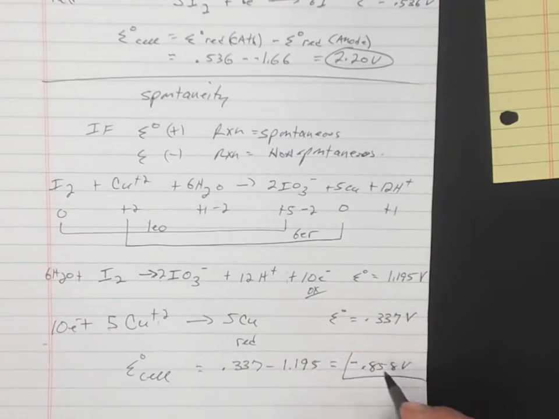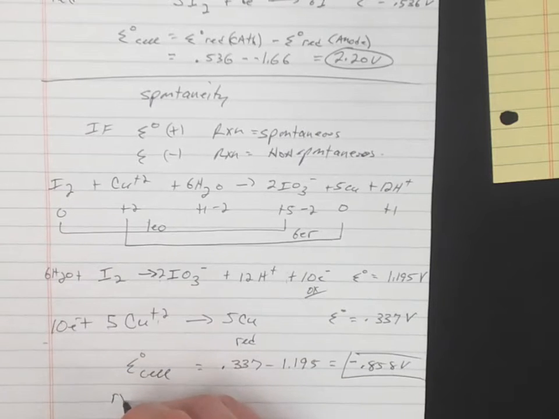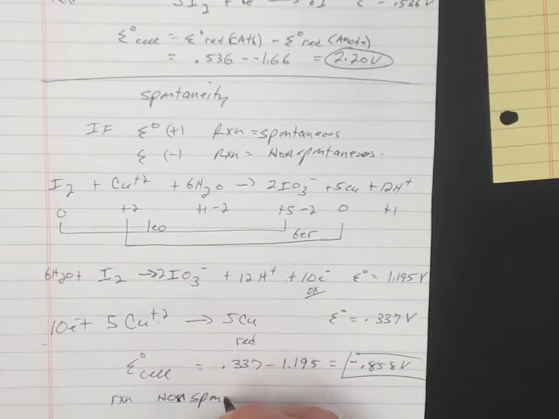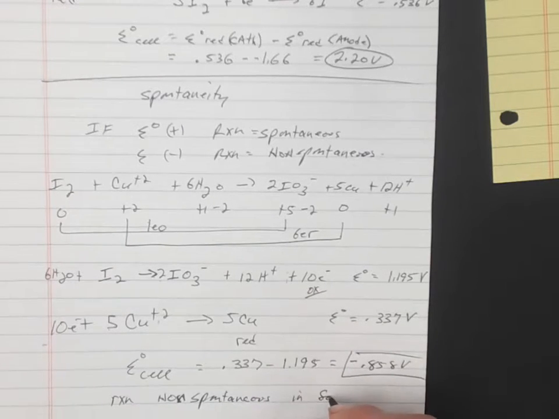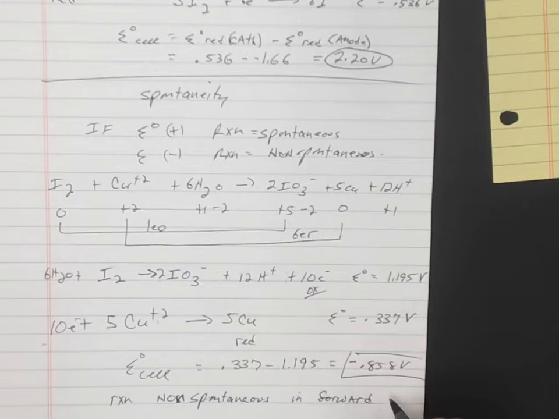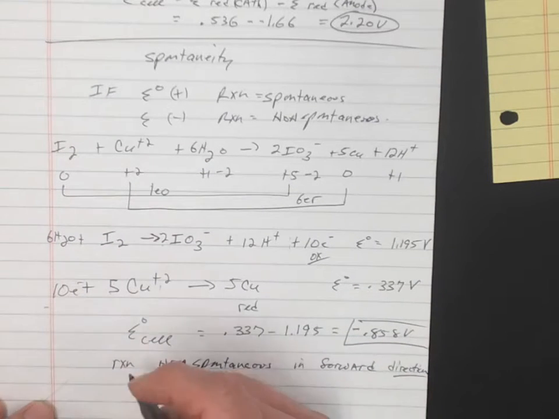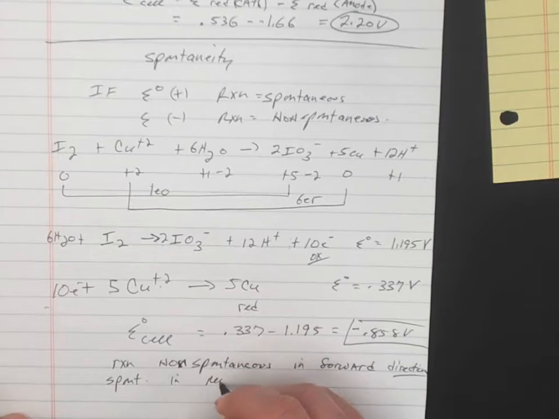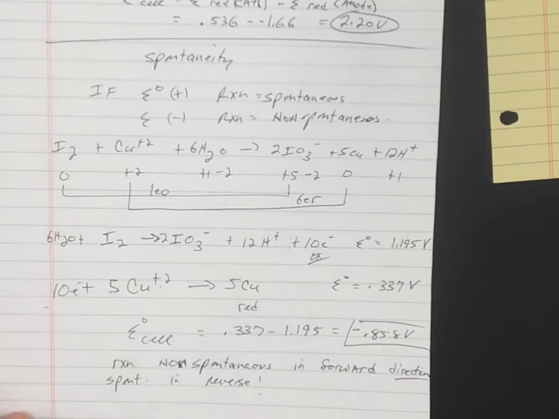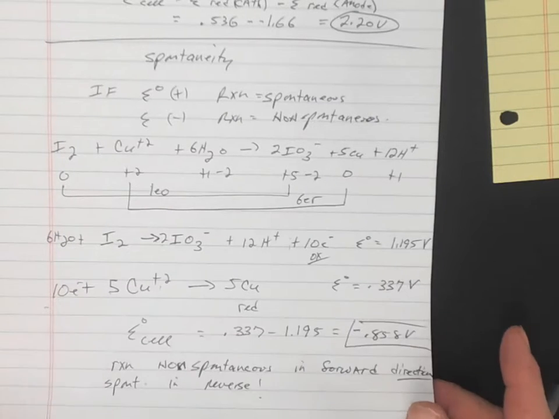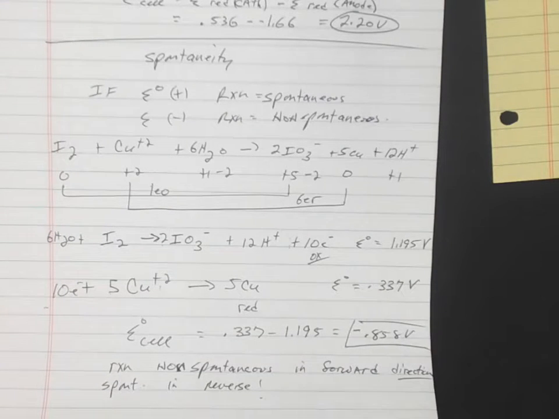And what this means is this reaction will be non-spontaneous in the forward direction. How could we make it, or what is spontaneous? Yep, it would be spontaneous in the reverse. Alright, so it's non-spontaneous in the forward, but it would be spontaneous in the reverse.